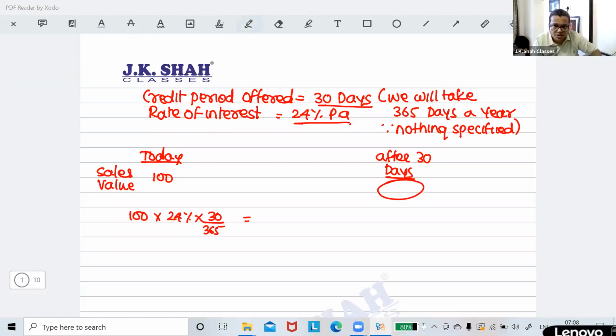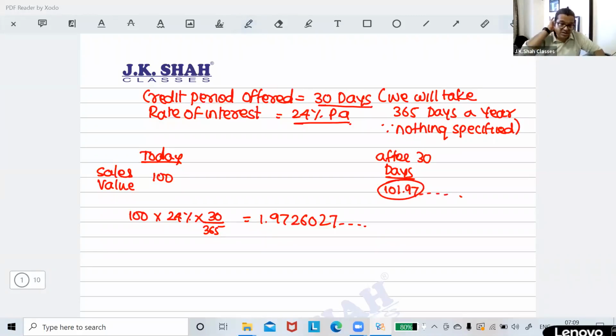That comes to 1.9726027, and so on. This you will add to 100, and after 30 days it will become 101.97 and so on.